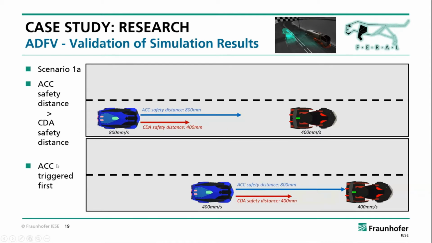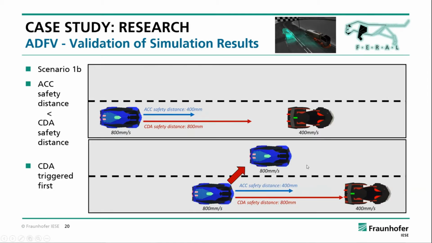ACC is triggered first, so we follow. If we configure it in a different way, so that the overtaking distance, to avoid a collision, the CDA safety distance is greater, then you would expect different behavior. Here the CDA safety distance is reached already at 800 millimeters. So the car would overtake because it has the higher speed, 800 millimeters per second. The car would overtake, and I would not enter this ACC controlling mode.